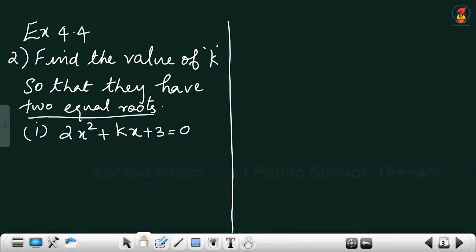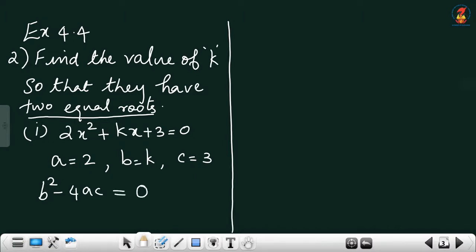The quadratic equation is 2x square plus kx plus 3 equal to 0. From here we can write a is equal to 2, b is equal to k and c is equal to 3. So, b square minus 4ac: it is given that there are two equal roots, so b square minus 4ac equal to 0.